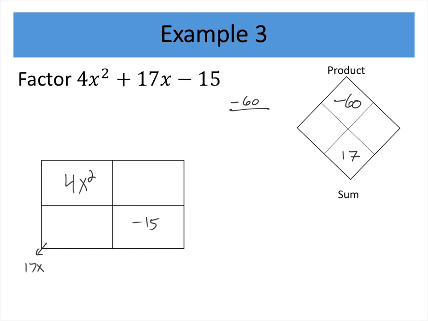So let's get started with the basic ones. 1 and negative 60, negative 1 and 60. Negative 2 and 30.